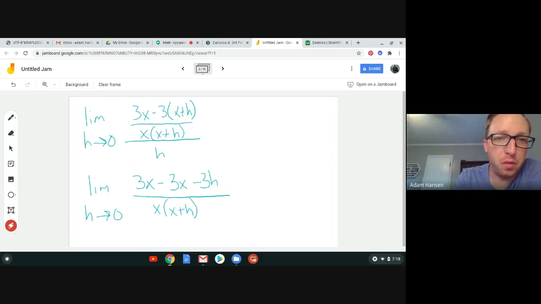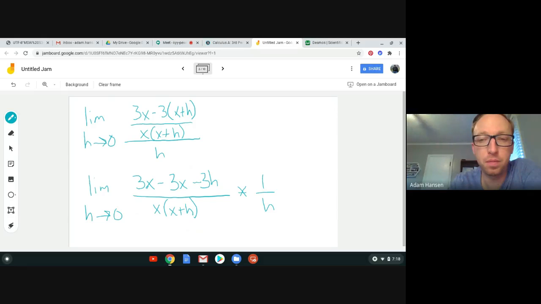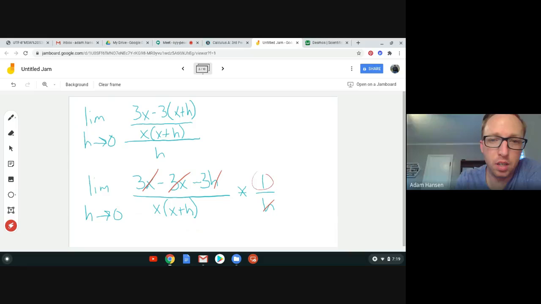Now, rather than dividing that by h, dividing by h is equivalent to multiplying times 1 over h. How can we simplify? Well, 3x's cancel out. These h's cancel out. That leaves me negative 3 times 1 divided by x times quantity x plus h.